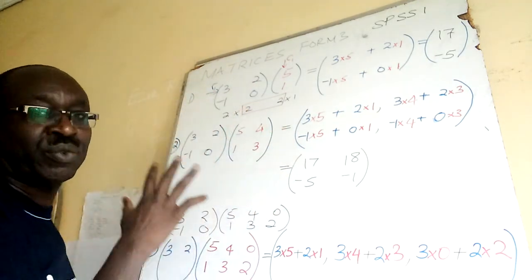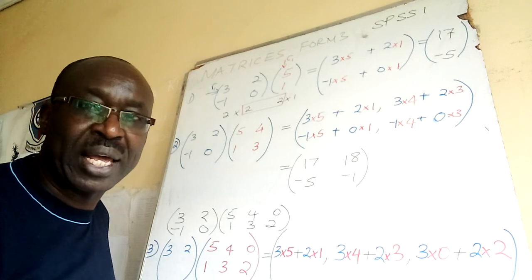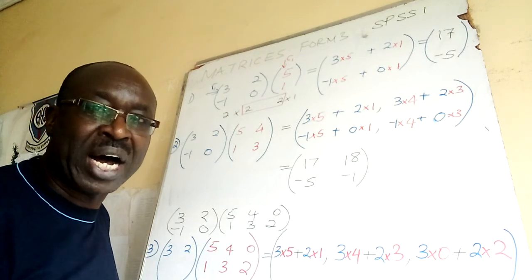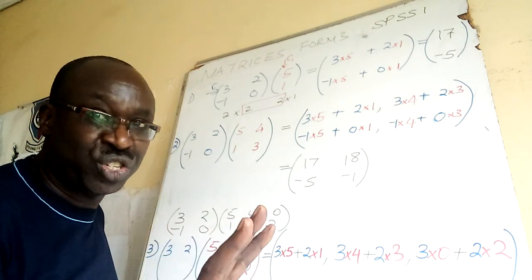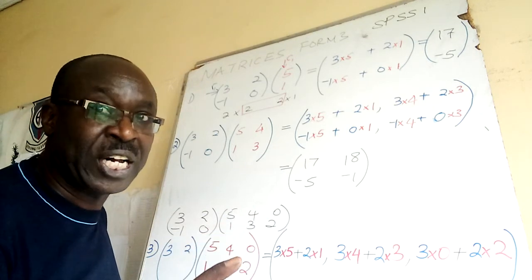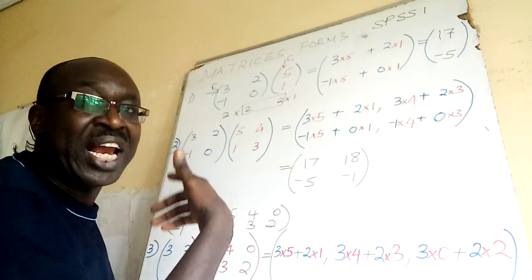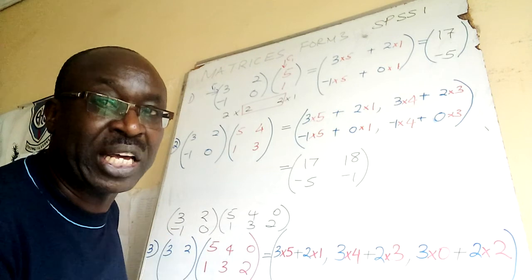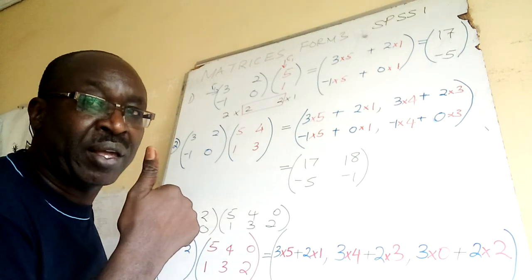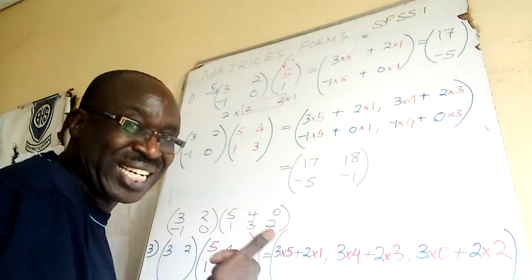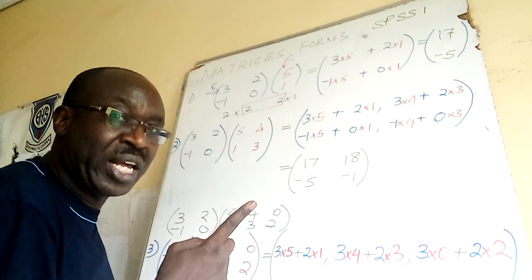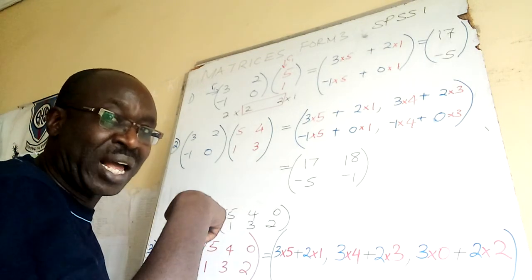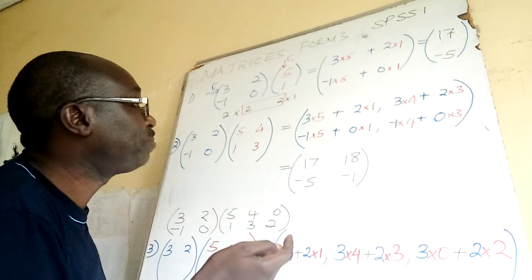So we have seen how you can multiply a matrix by a scalar, which is not so difficult, but I want to enhance your skills in multiplying matrices. So what do I mean here? Matrix times another matrix.